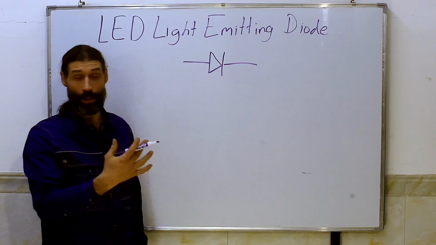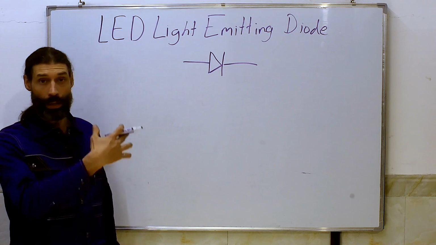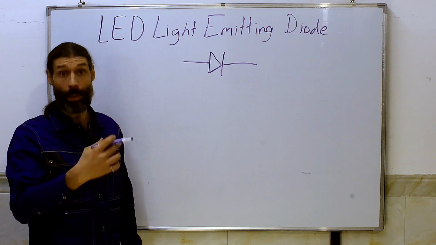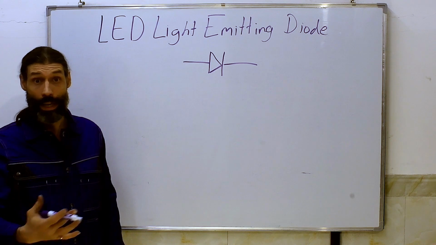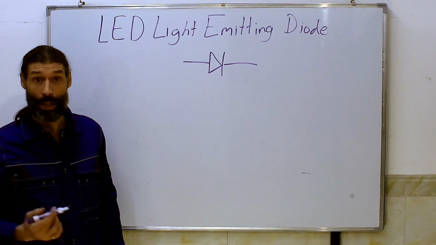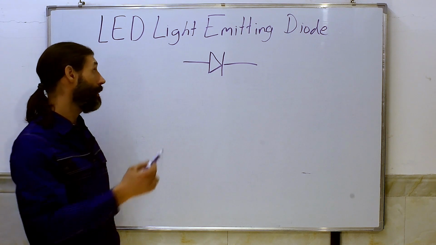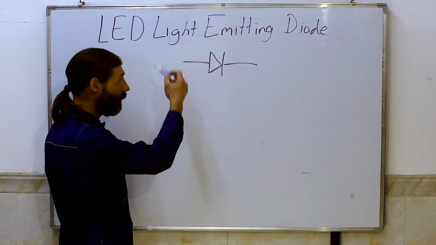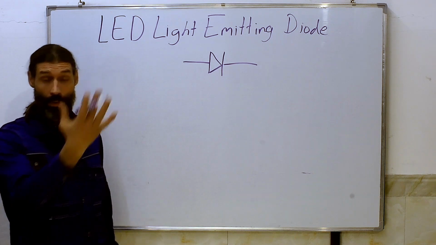And a photon is just a quantum of electromagnetic energy, and visible electromagnetic energy is what we perceive as visible light. So as the electrons go from a higher energy state to a lower energy state, they give off visible light.